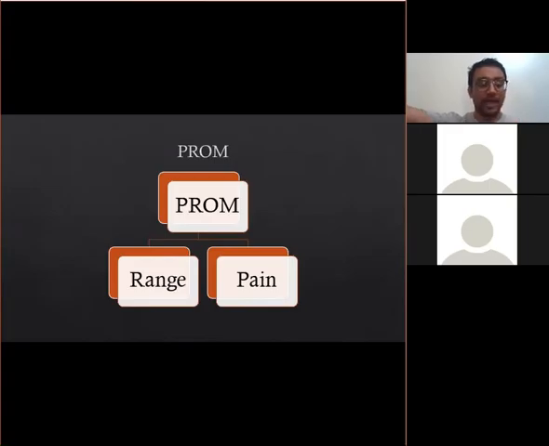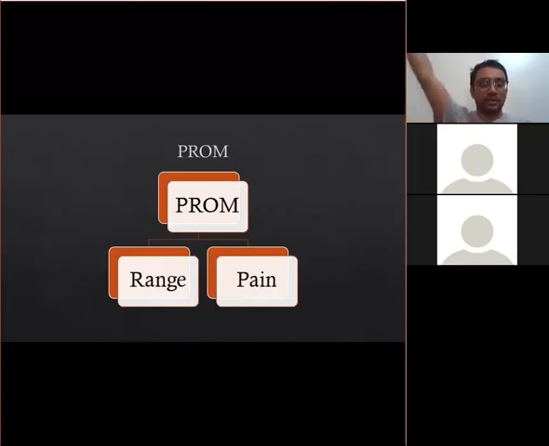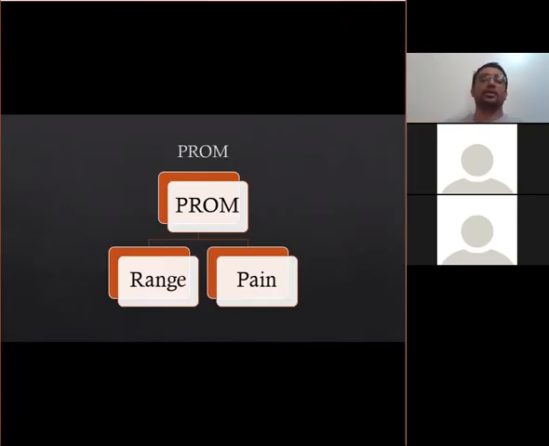Very good. It could be either inside the joint or outside the joint, right? Any restriction that is limiting the movement can be inside the capsule or outside the capsule. Anything that is inside the capsule, we call it intra-articular structures or intracapsular structures.